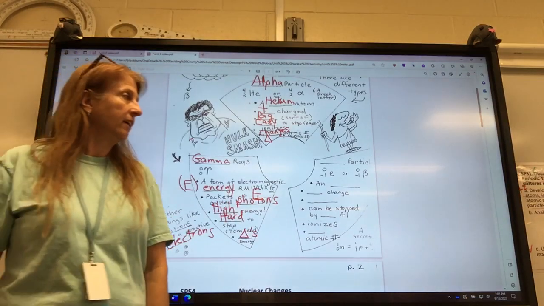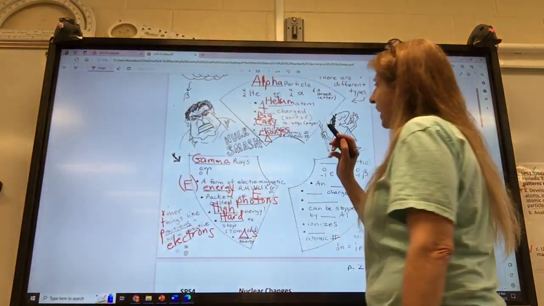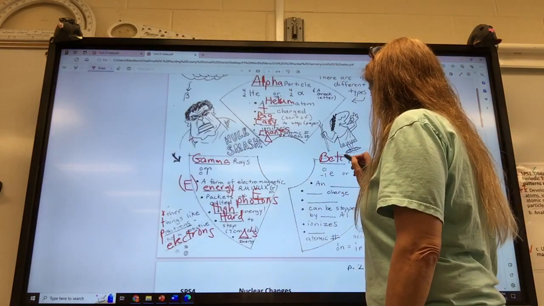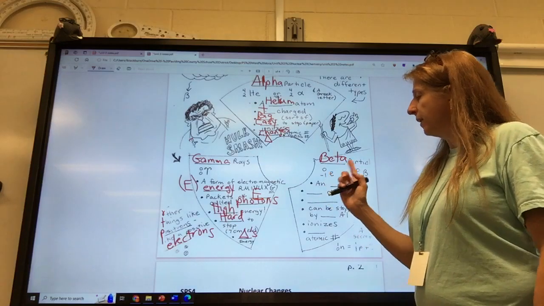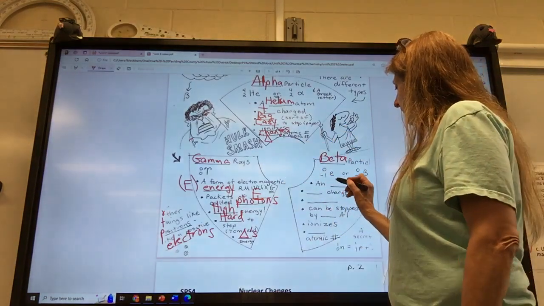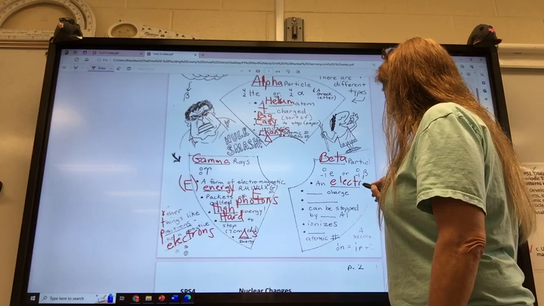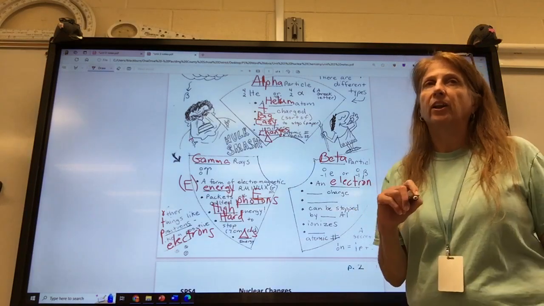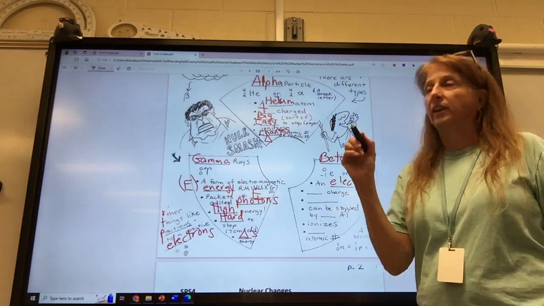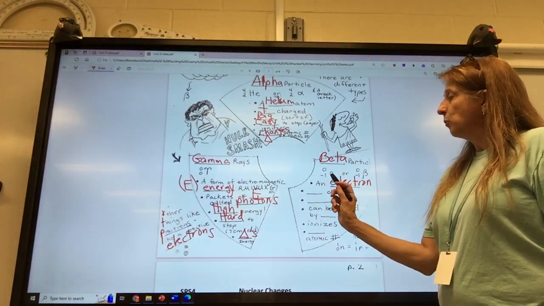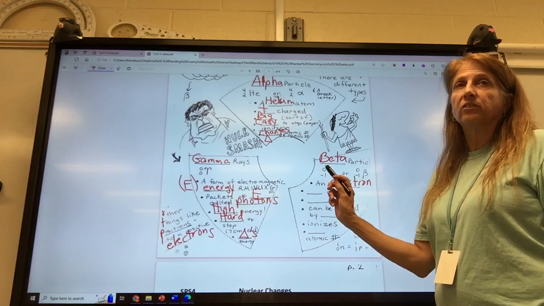Okay? All right, our next kind, if we got alpha, this one's called beta. Another Greek letter. What it is, it's actually an electron. So one of the things that something that has radioactive decay can give off is electrons. It's symbolized with a little e with a -1 to show that it has no protons.